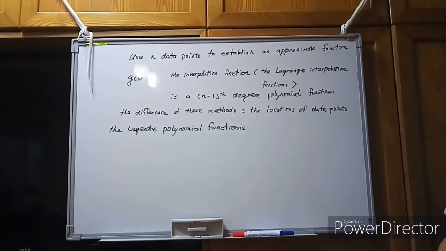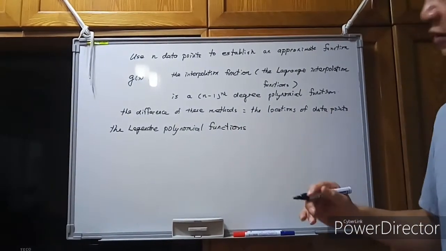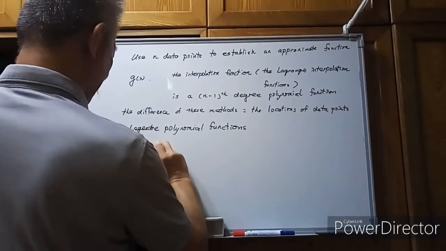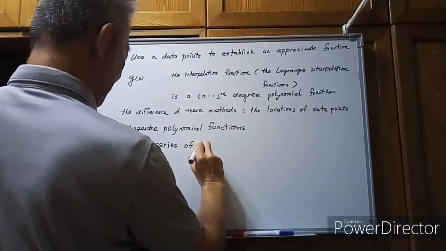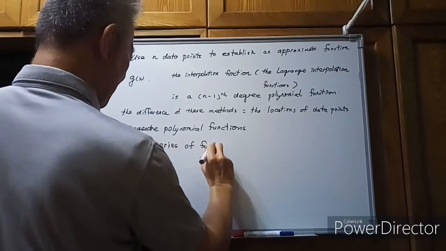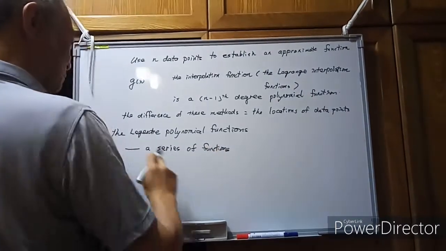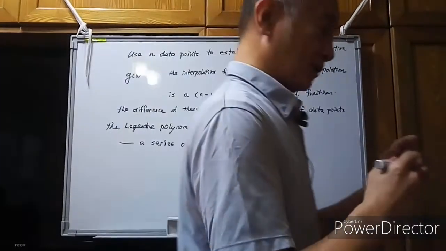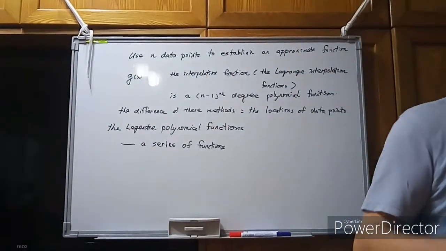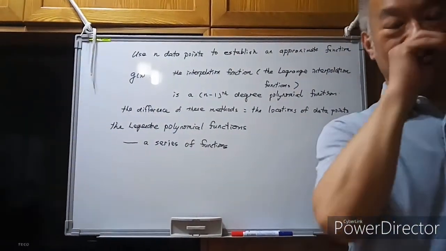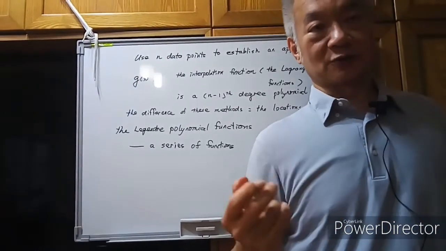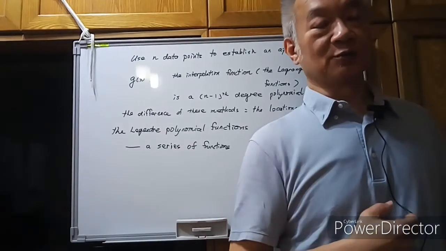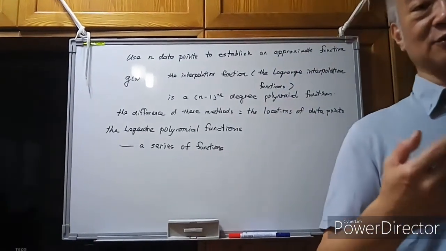The Legendre polynomial functions are a series of functions. A series of functions means there are infinitely many Legendre polynomial functions. It includes the 0th degree Legendre polynomial function, the 1st degree, the 2nd degree.